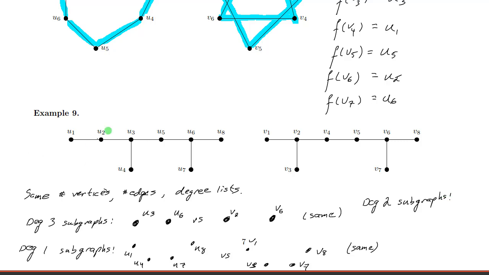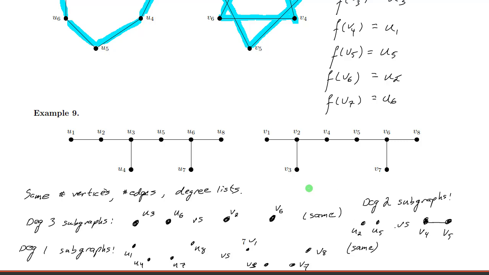So U2 and U5 are the degree 2 vertices in the first one. Then in the second one, we've got V4 and V5 as the degree 2 vertices, and those are adjacent to each other. So as we are mapping our vertices, trying to form an isomorphism, a bijection, we would run into issues.